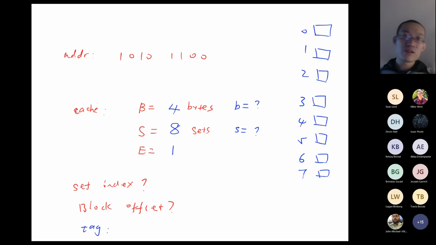The block size right now is set to be 4 bytes. The number of sets we have is 8 sets. We still have 1 line per set. Now the same question: how do we find out the set index, and how do we find out the block offset, by looking at the address right now?